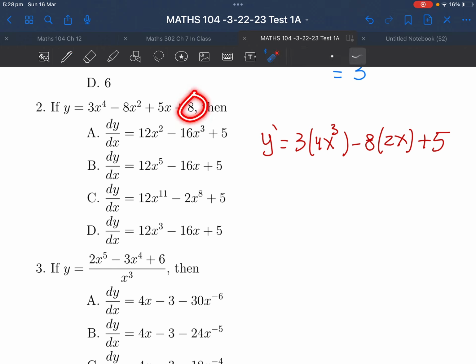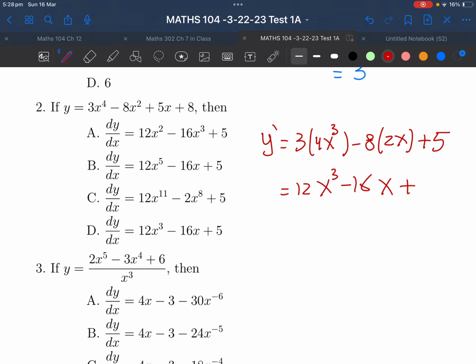The derivative of 8 is 0. So the final answer, if we write it down, will be 12x cubed minus 16x plus 5. Which answer corresponds to this one? It will be 12x cubed, the last one.